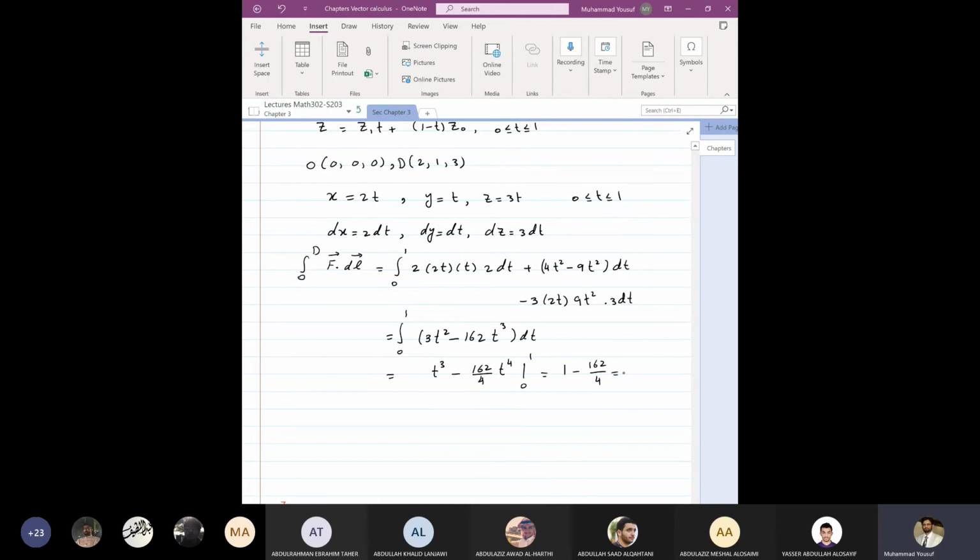Can we divide by 4? No. Can we divide by 2? Yes. 81 over 2. So this is equal to 2 minus 81, negative 79 over 2, and you can calculate whatever this is.